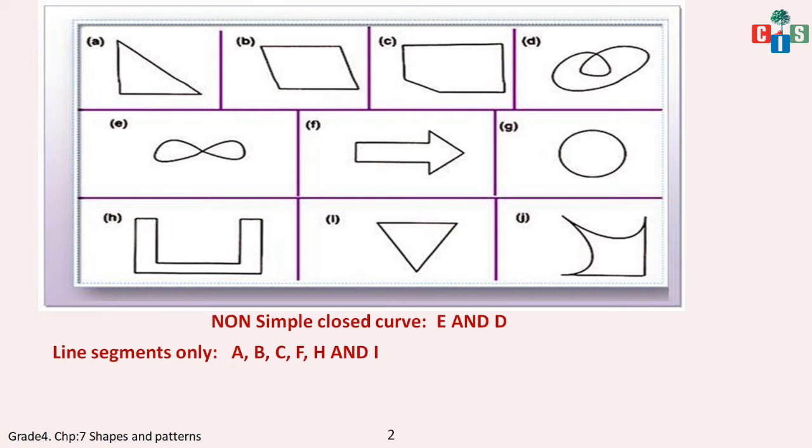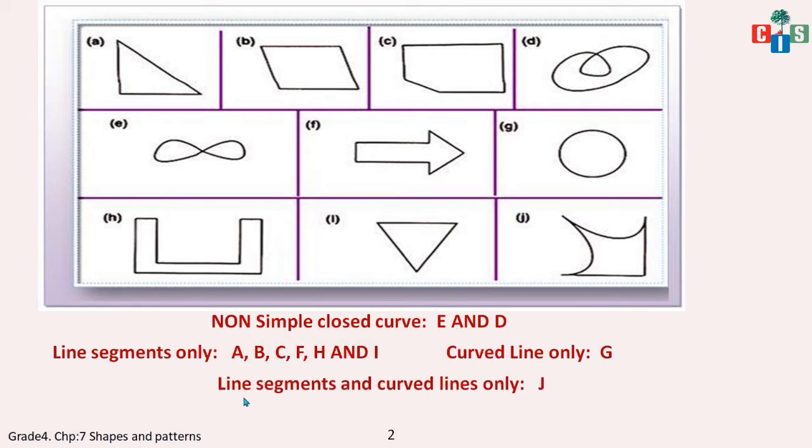The curved lines only closed figure is G, that is this circle, wherein only curved lines are used. The figure which has line segments and curved lines is J, that is this one. So these are certain examples of closed curves.